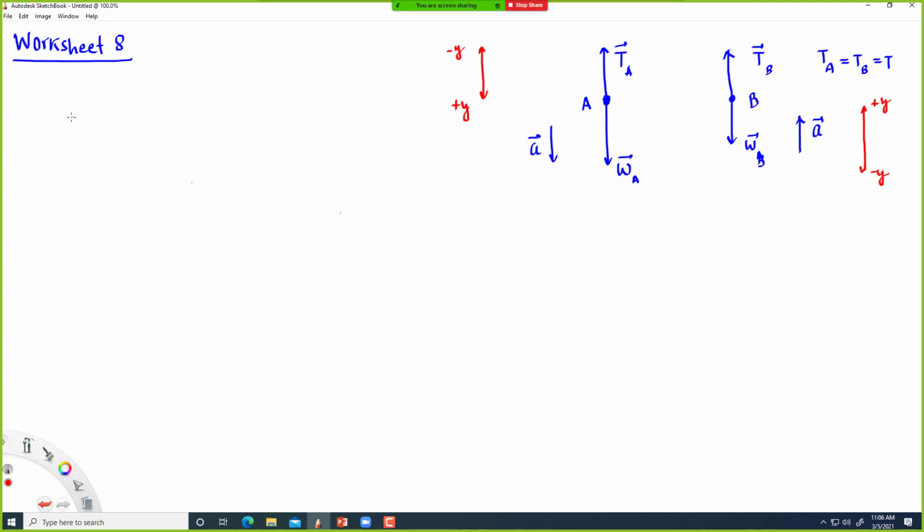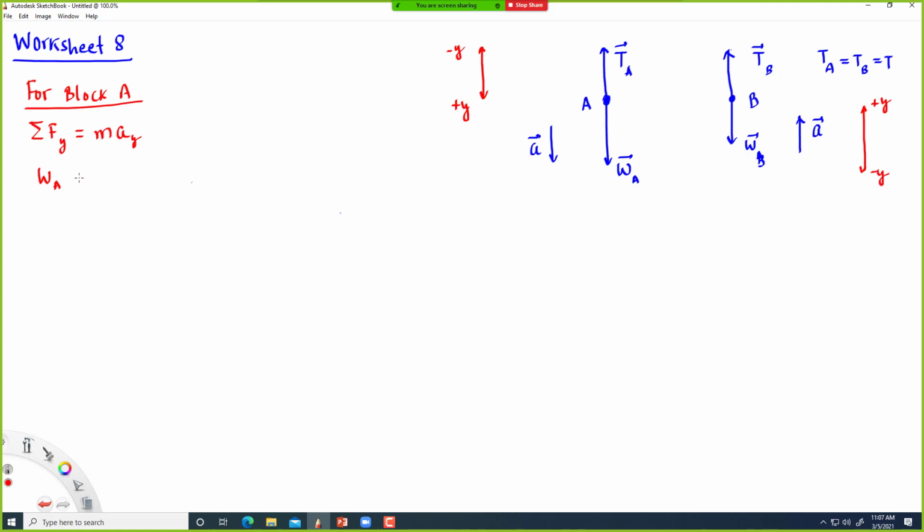So next, now we will write Newton's law for block A and block B. So for block A, Newton's law is sum of forces along y direction is mass times acceleration. So what forces we have for A? We have weight, it's along the positive y direction, so we need to use positive sign for that.